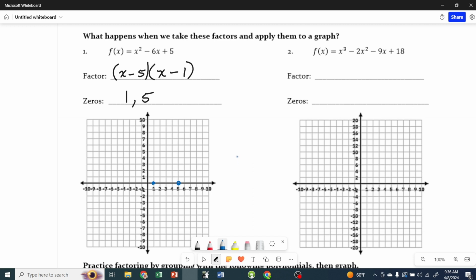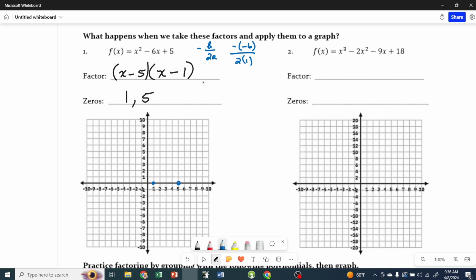Negative b over 2a, if you remember that. Negative b over 2 times a. So negative b is negative, negative 6 over 2a, which is 2 times 1. And so that's positive 6 over 2. So at 3 is our vertex.